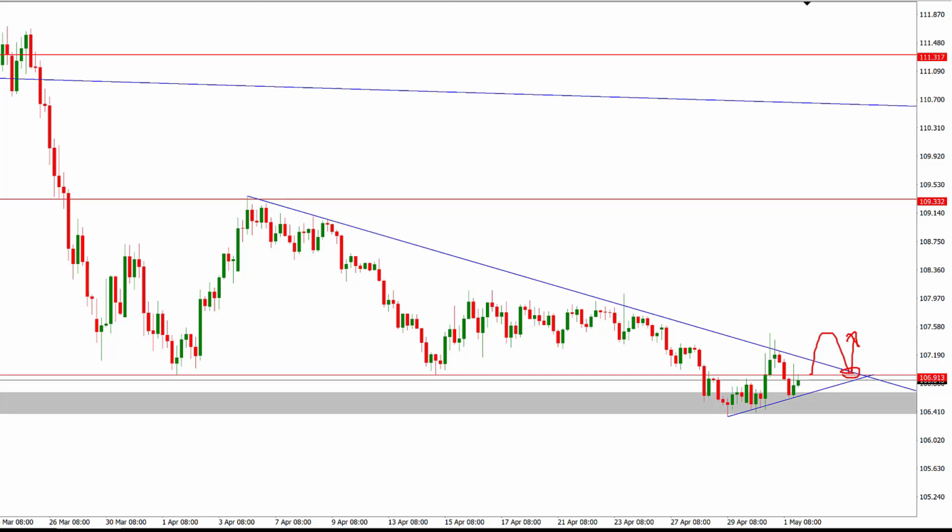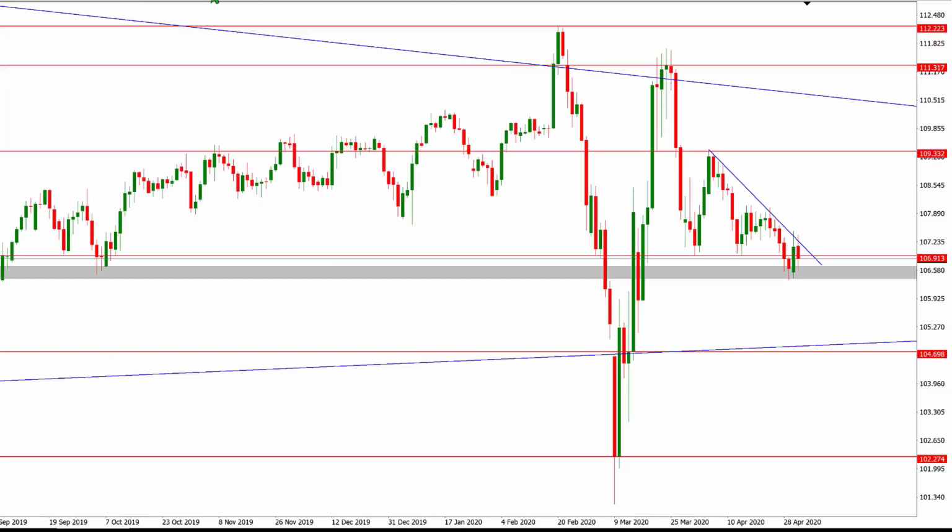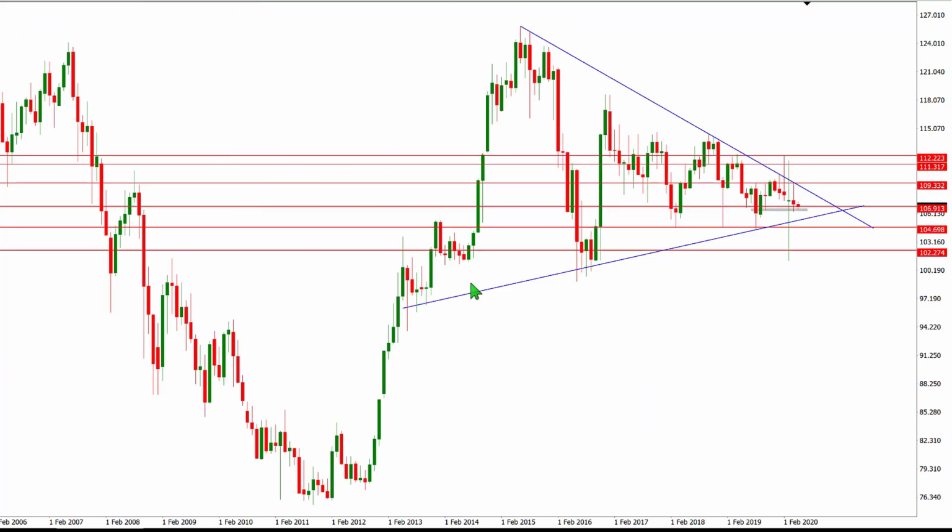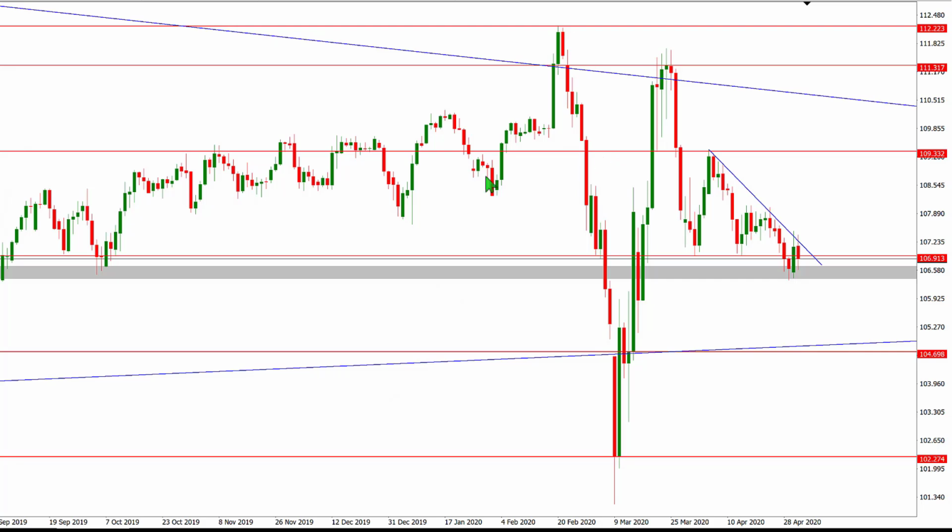And then if the bears eventually make a breakdown below this last swing low, which is a support, then I wouldn't be surprised if the price of USD moves in a bearish downward trend drastically to retest the next key level, which acts as 104.698, and which is the confluence of our dynamic support trend line, which was an extension right from February, that is February of 2013. So I'm gonna watch this currency pair next week to see what the bulls and the bears are actually gonna get done at this medium right here.